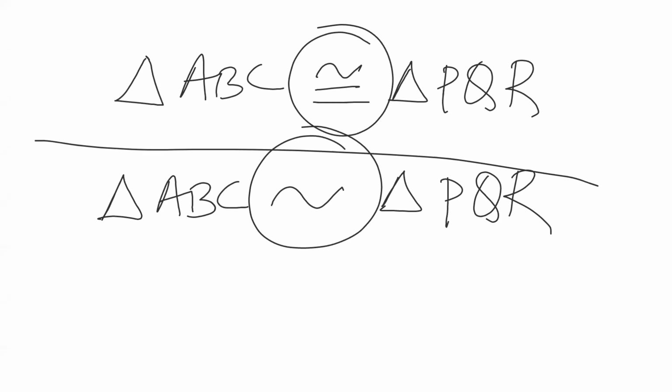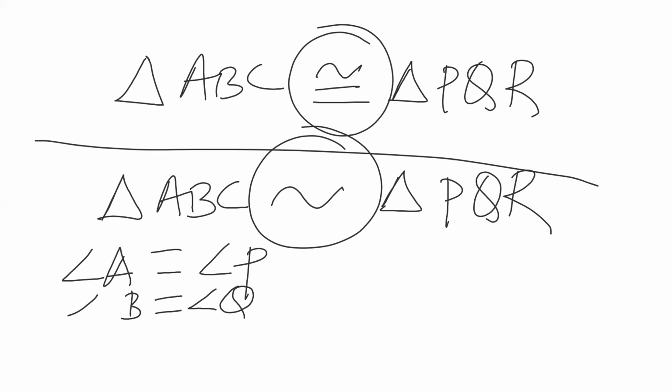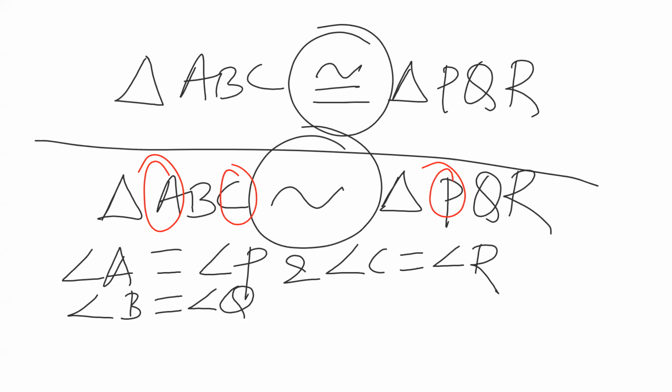Means angle A equal to angle P, angle B equal to angle Q, and angle C equal to angle R.